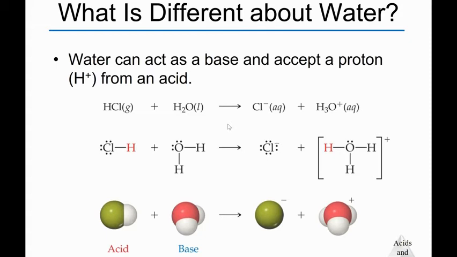So in this first example, you can see we're dissolving hydrogen chloride gas in water. And what's happening is the hydrogen chloride is donating a proton, or its H+, to water, and we're forming hydronium. In that case, water is acting as a Bronsted-Lowry base because it's accepting the proton from the hydrogen chloride.